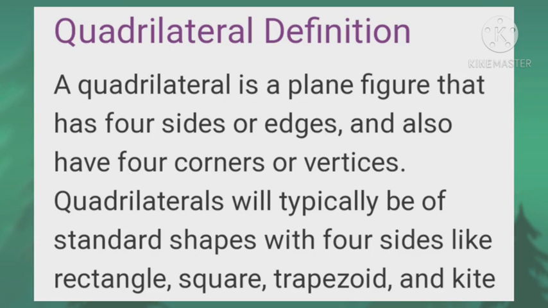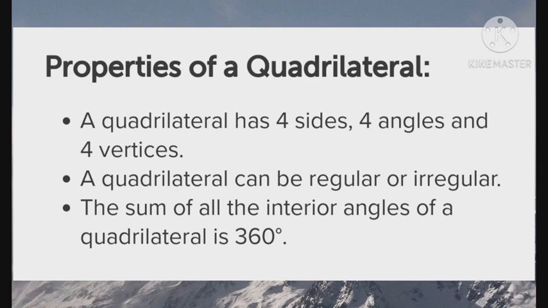Simply, a quadrilateral has four sides, four vertices, and four angles. Four vertices means four points. That means a quadrilateral is made by connecting four points.